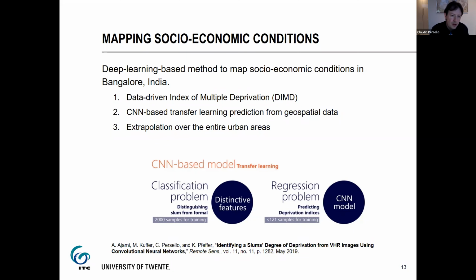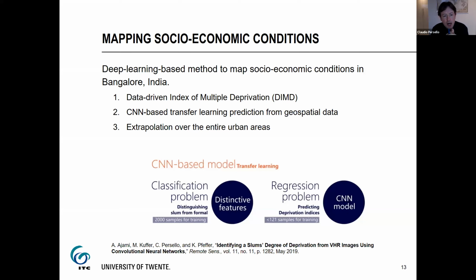After that, the second step is to train a CNN to predict this socioeconomic index. But there is actually quite a challenge in this context. The big problem is that to train convolutional neural networks, you usually need a large training set, which was not available in our study area.